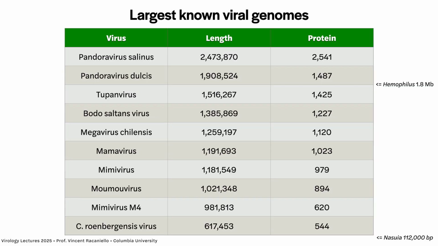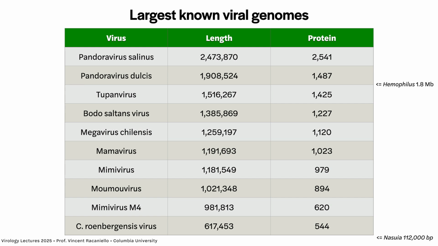So I wanted to show you the biggest and the smallest known viral genomes, just to give you an example of the span. So these are the top 10 viral genomes. The biggest one is Pandoravirus salinus, 2.4 million base pairs of double-stranded DNA, and encoding 2,500 proteins.